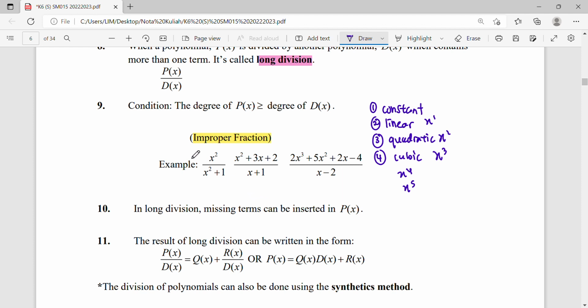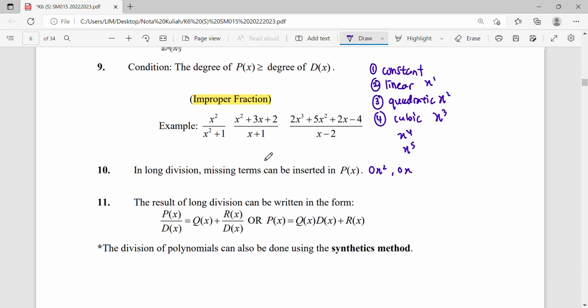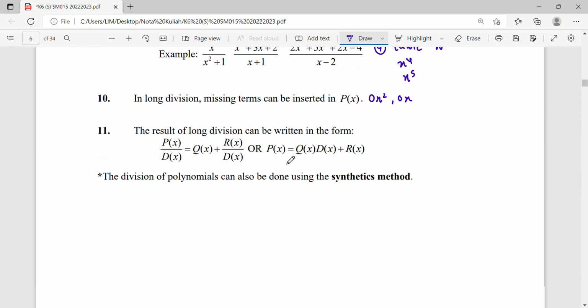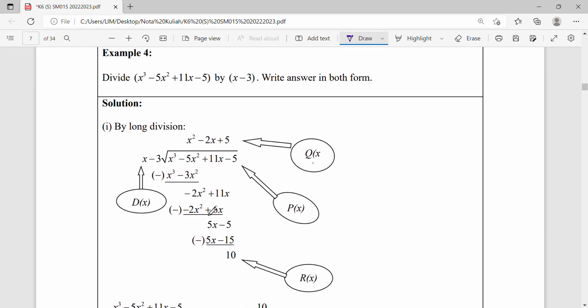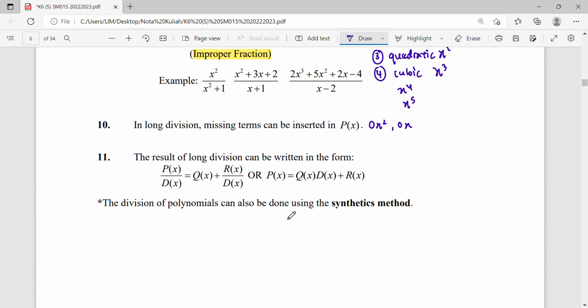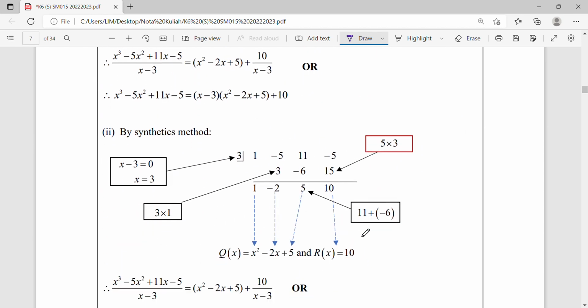Normally in long division, missing terms will be inserted into the polynomial by denoting them as 0x squared or 0x. The result of long division will be written in fraction form or in equation form. Other than the long division method, we can also use the synthetic method. So what is the synthetic method?